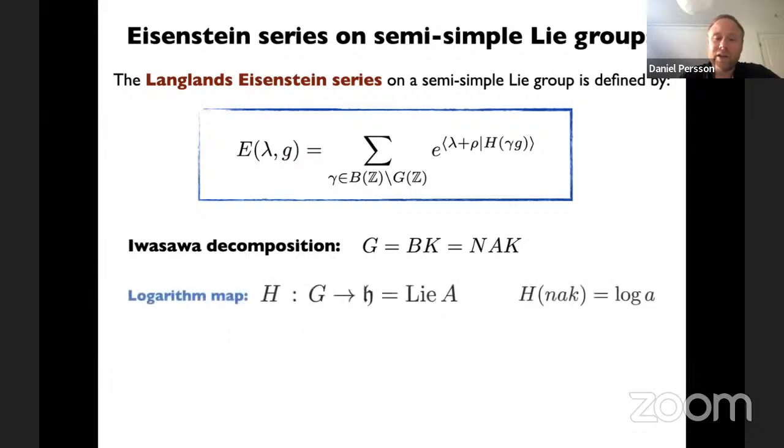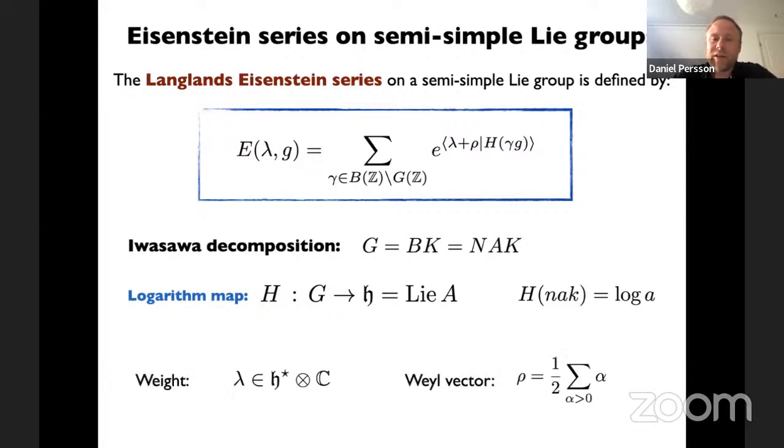And then what we have here is in the summand, capital H is what's usually known as the logarithm map. It's a map from the group to the Cartan subalgebra of the Lie algebra. So I'm going to assume some Lie theory here, but the Cartan subalgebra is the Lie algebra of the diagonal matrices, if you will. Then H acts on an Iwasawa decomposed element by taking the logarithm of the A element like that.